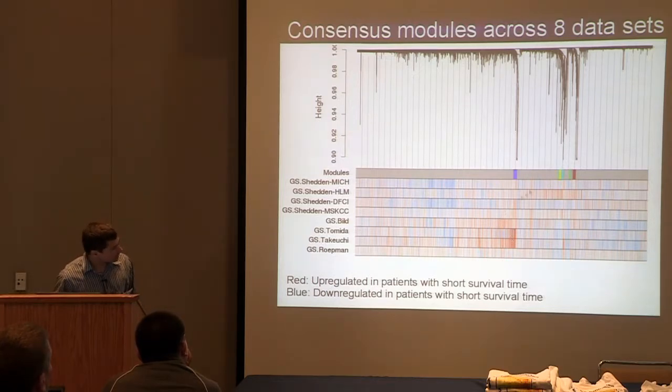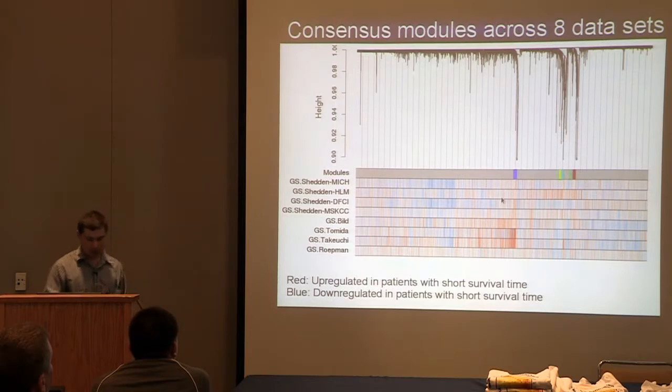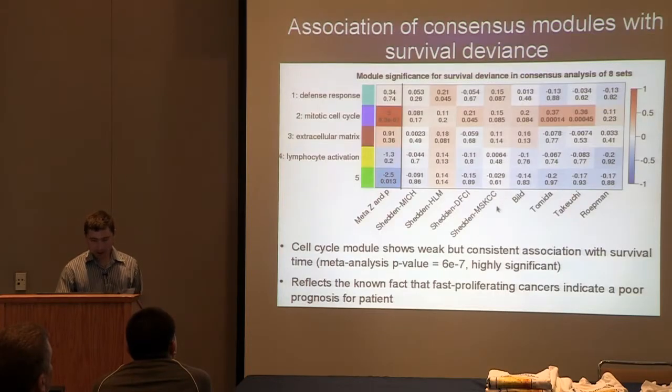So if you look very carefully at that figure, you will see that this blue module here seems to have mostly red genes under it. So it looks like we may have found a module that consistently is upregulated in patients with short survival time. Of course, if you want to be more quantitative, if you want to see what the strength of that association is, you can calculate the module eigengenes for each of these modules.